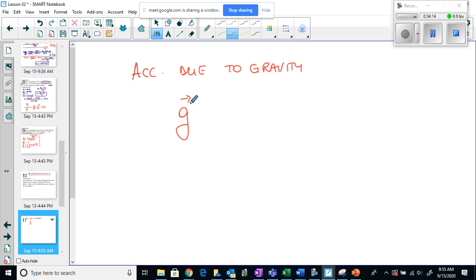If you are at a certain height, that 9.81 meters per second squared that we have used when we are calculating, let's say, the potential energy of an object is there. It is a vector quantity, meaning it has a magnitude and a direction.